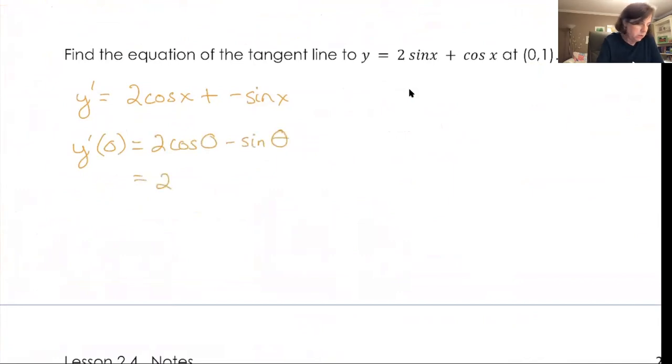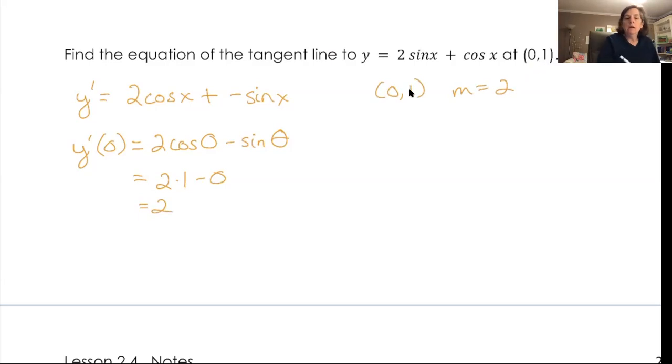Cosine of 0 is 1, sine of 0 is 0. So it looks like my slope is 2. All right, so I have the point 0, 1. I was told that again right here. I was given both the x and y coordinate. And from here, I have the slope. So I just need to write the equation.